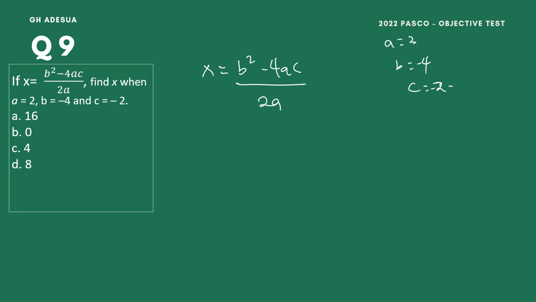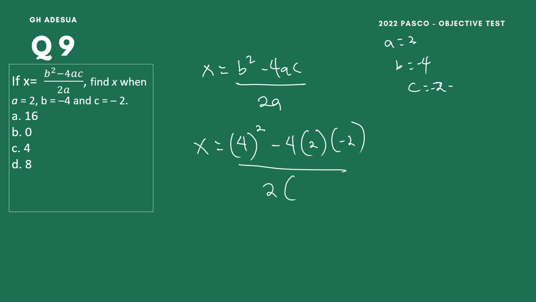So we substitute the values of a, b, and c into the equation to find x. So x becomes, with the value of b, which is negative 4, in brackets raised to the power 2, and then 4 times a, which is 2, and then c is negative 2.